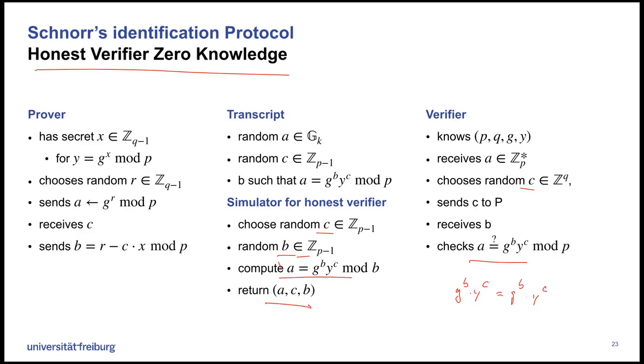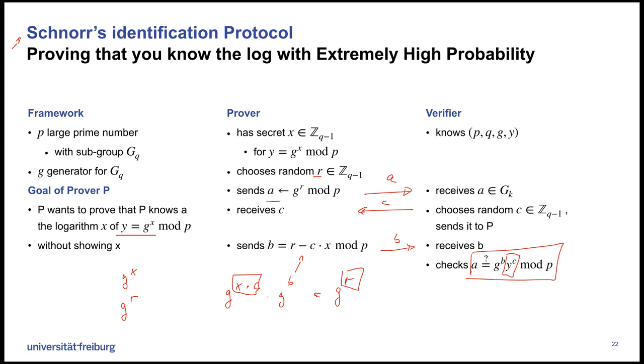This Schnorr identification scheme was a breakthrough somehow, because there are lots of protocols where you have this bit sending back and forth, so that the challenge is a bit, and you have to react to the bit, and you have these rounds and so on. But if you look at this protocol, then this is really efficient.